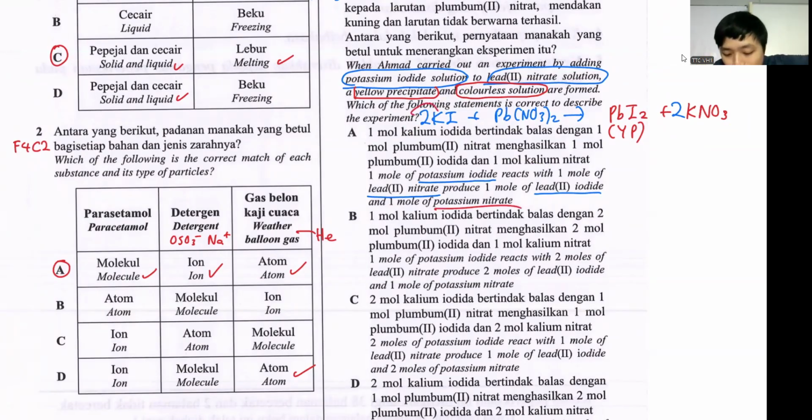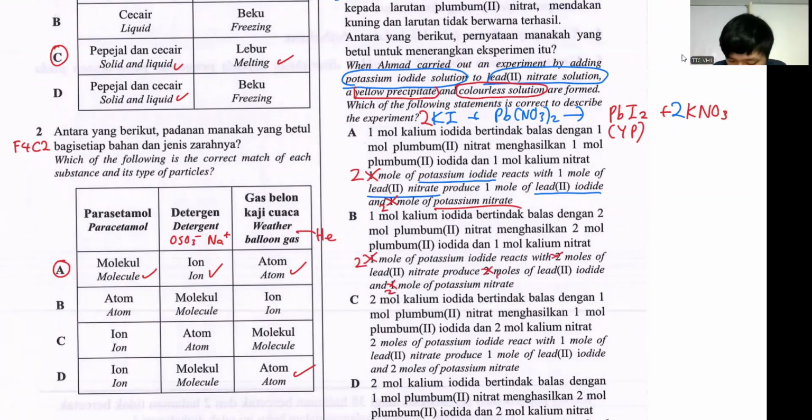You have to balance, times 2 for KI, times 2 for KNO3. So you have to change this to 2 moles of KNO3. Definitely A is wrong. B, 1 mole of potassium iodide, wrong. Immediately out.